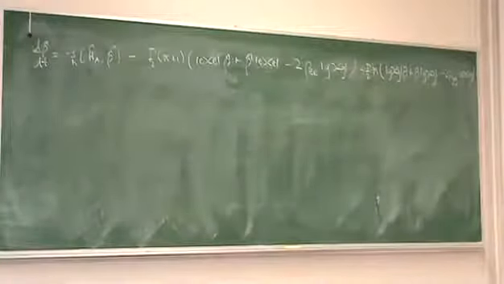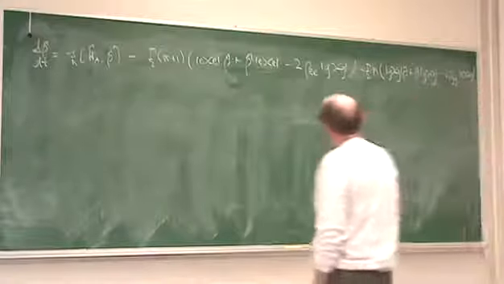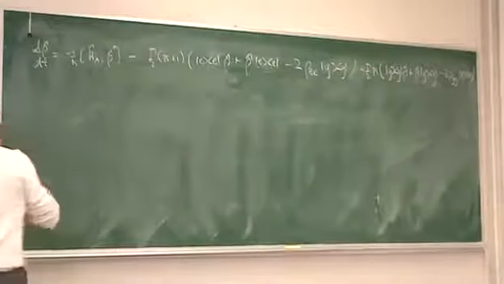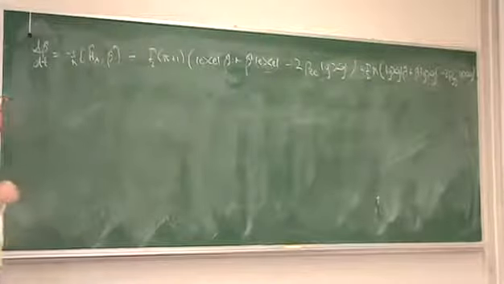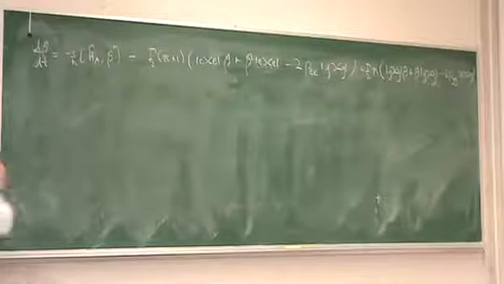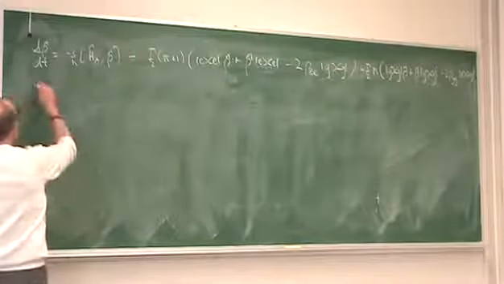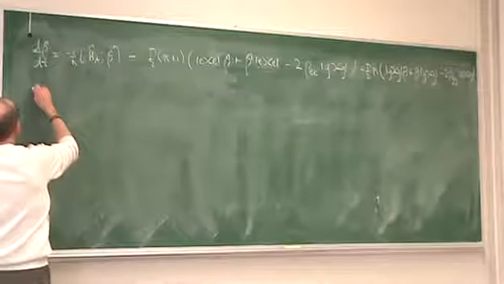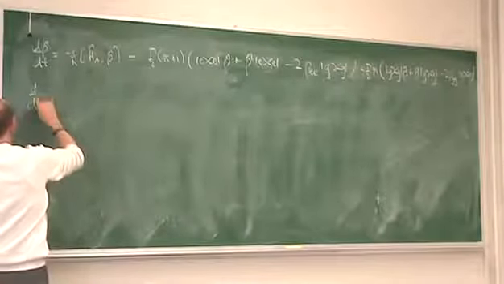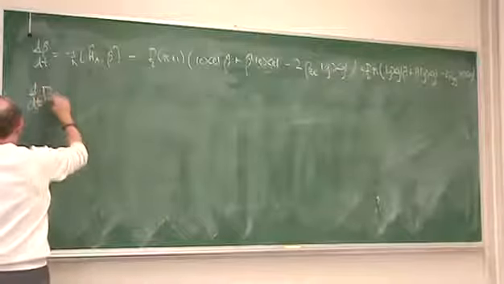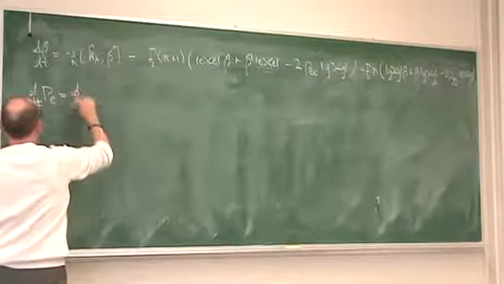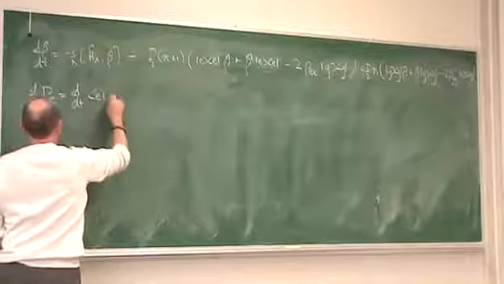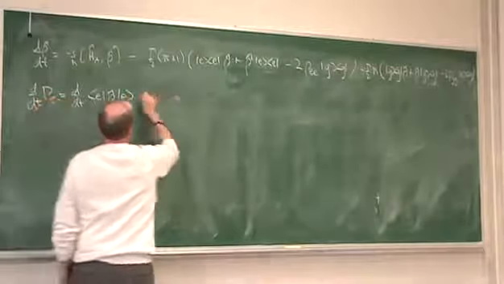Okay, so let's look firstly at the rate of change of populations in this system. For example, let's look at the rate of change of population in the excited state. That's that diagonal matrix element.